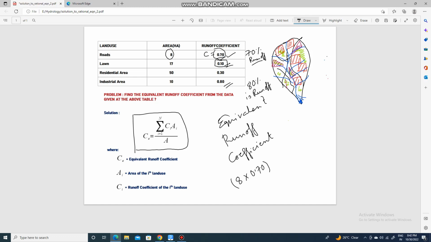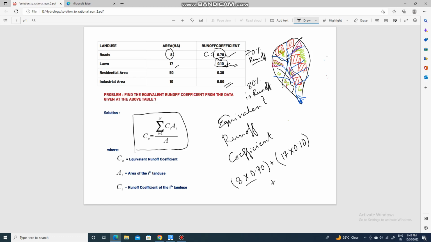So we multiply each other, then we add the result of this product with the multiplication of the area of lawn type land use, 17 hectare, and its corresponding runoff coefficient 0.10.